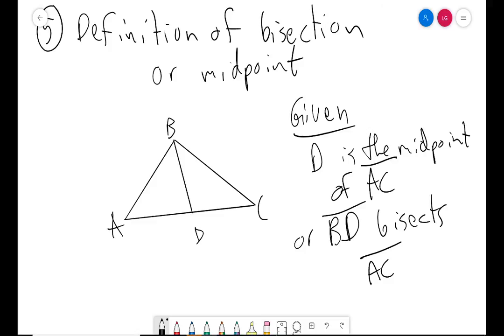And what that tells us by the definition of the midpoint is that this is equal to that. AD and DC are congruent. They are equal length because we are told, in essence, they are equal length.